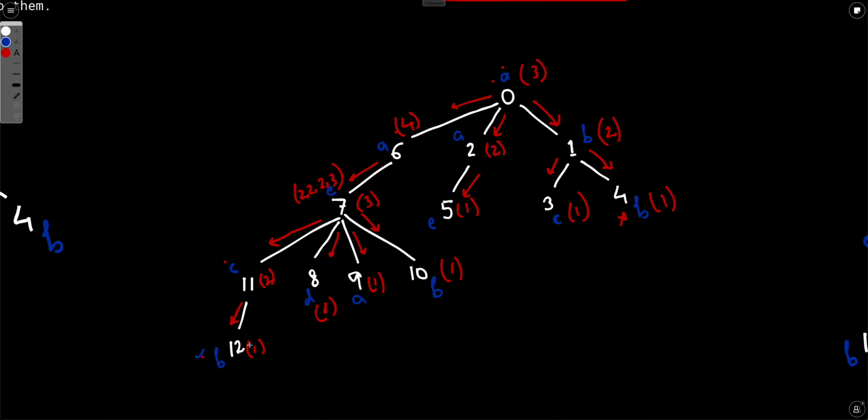That's the only path. For 11, there are no two children, 11 doesn't have two or more children, so there is no path from 11 to its two children, that's not possible. 7 has more than one child, so these kinds of paths are possible, right?